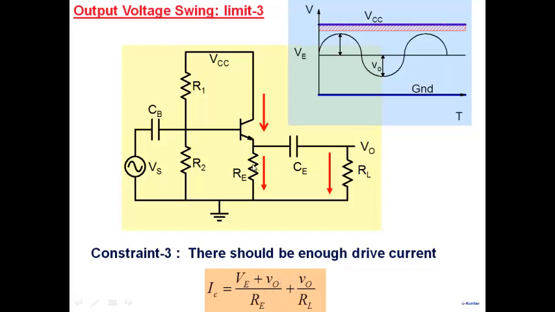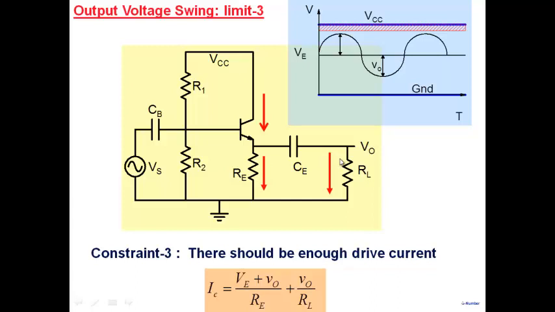VE is the DC value plus the AC value here, so (VE plus V0) divided by RE, that's this current, and the other current is V0 by RL. That's this current here. So this is the current balance that I must have. My transistor has to supply current here in this branch and in this branch here.